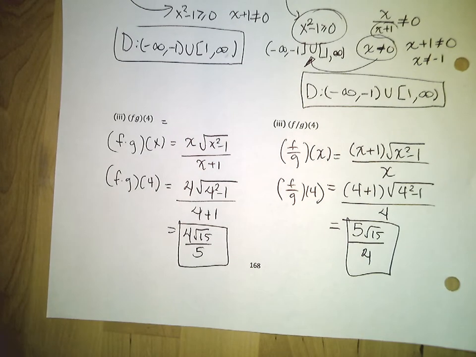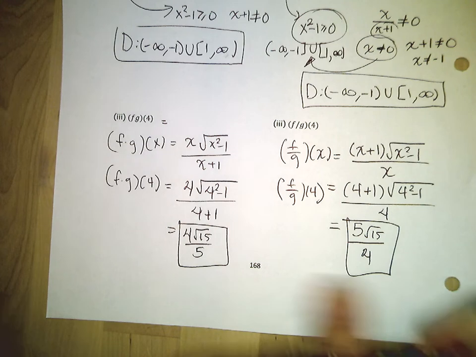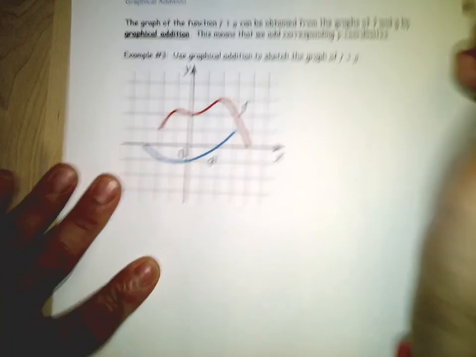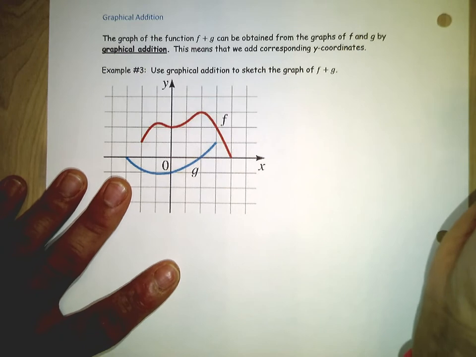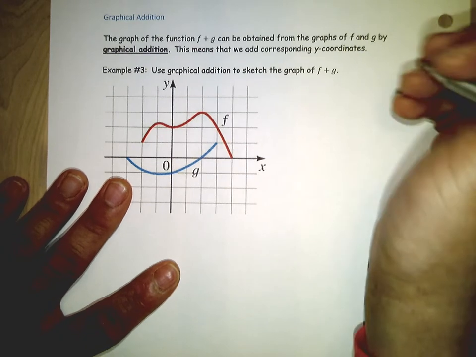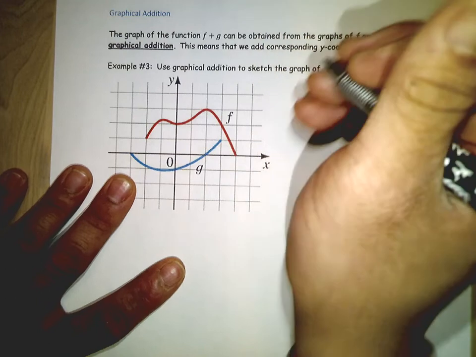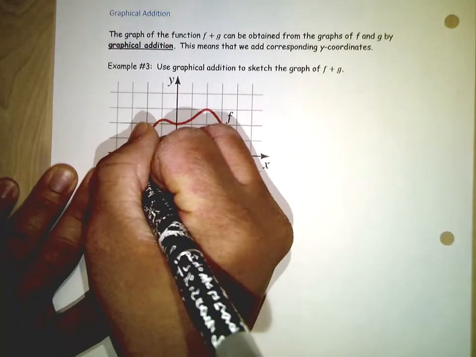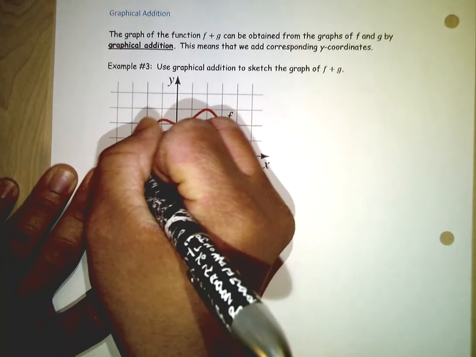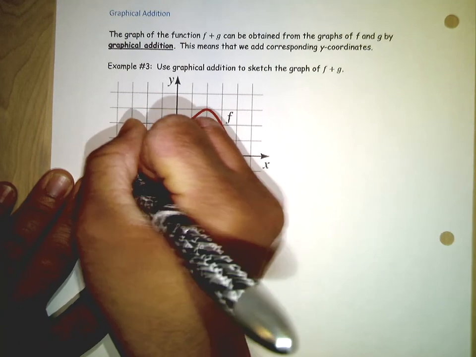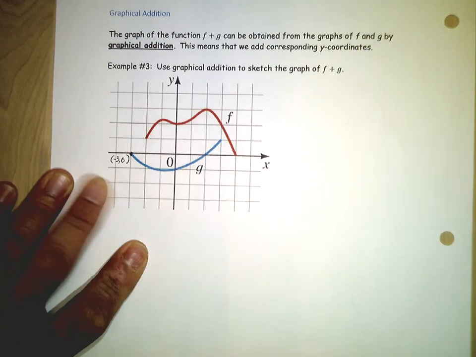All right, so now let's move on to the next example, graphical addition. This is just a way to add functions by looking at the graph. If I look at a graph here, let's say at negative 3, I see that there's a point at negative 3, 0. That's fine.